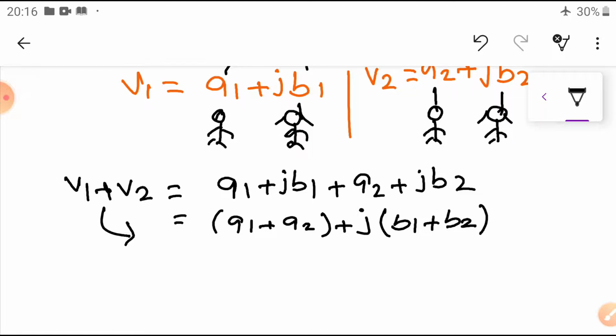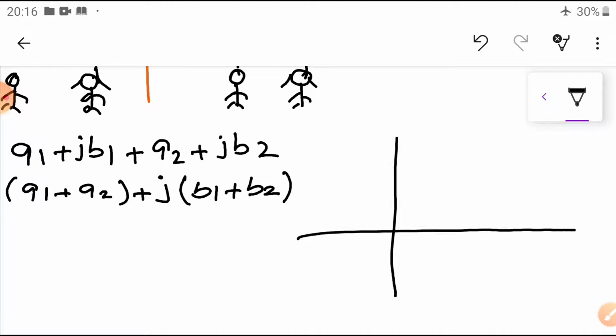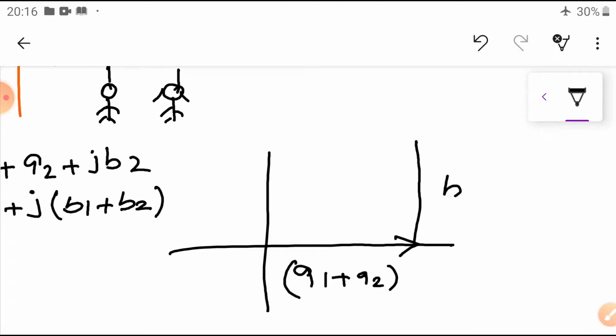In vector form, how are we going to represent this? The boys are on the real axis, that is A1 plus A2, and the girls are on the imaginary axis, that is B1 plus B2. So, here is 90 degrees.